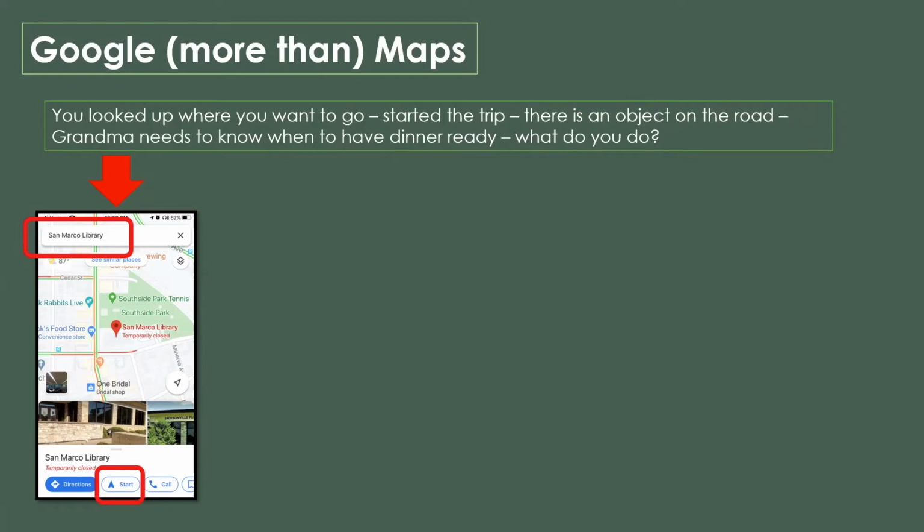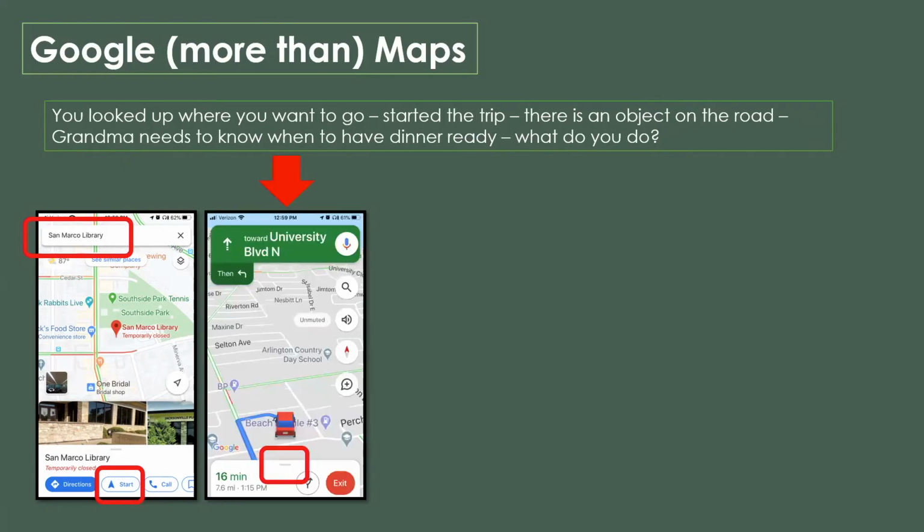Right, so this first image is showing we looked for San Marco Library, and at the bottom you'll see where we have our start. So we're going to start the route, and you should get an image that looks roughly like this, saying where you're starting from, with some options at the very bottom where we've got a little tiny gray tab underneath my little race car.